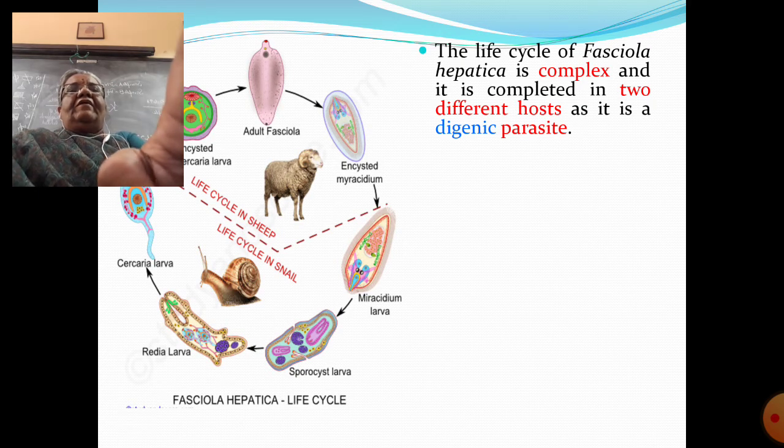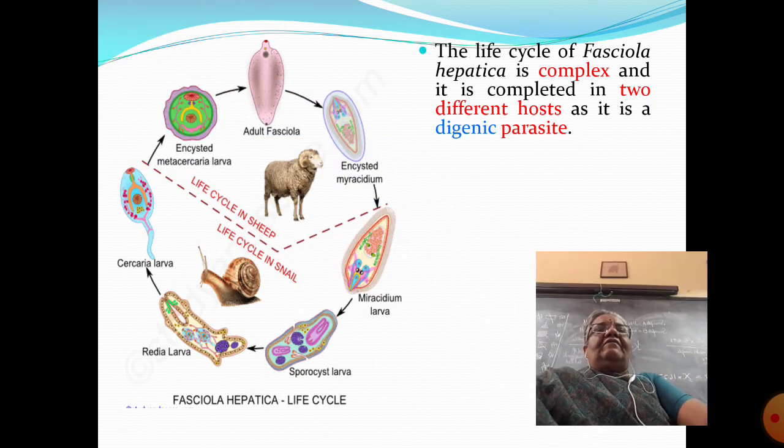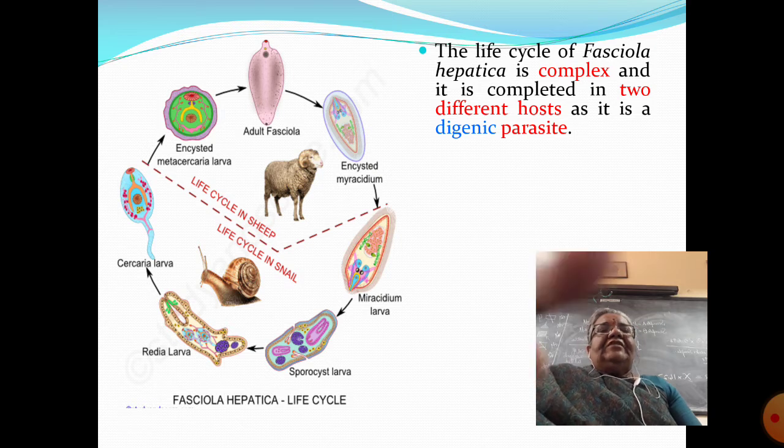Now, for your understanding, let me first tell you about the life cycle of Fasciola hepatica in brief. You can see the schematic diagram here depicting the life cycle, and it is quite complex.